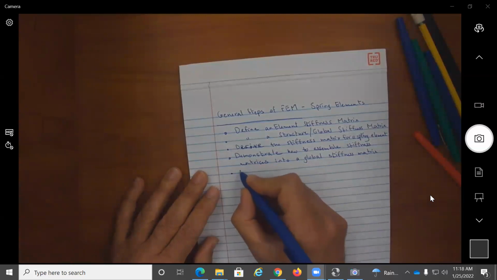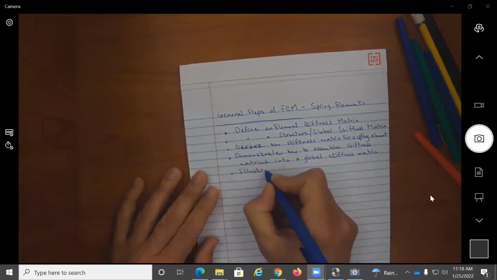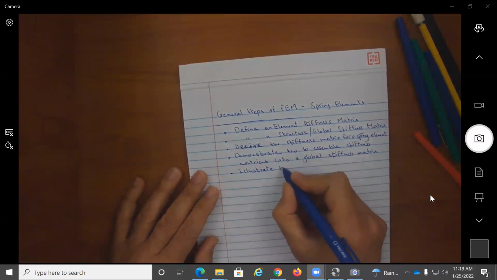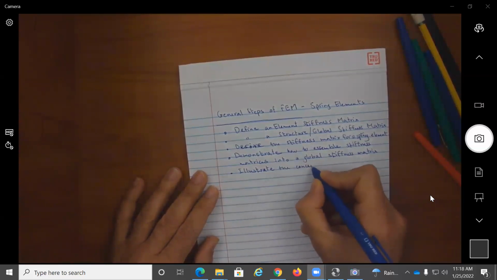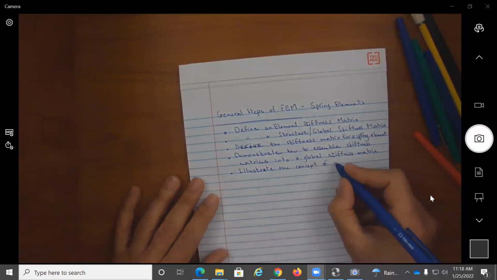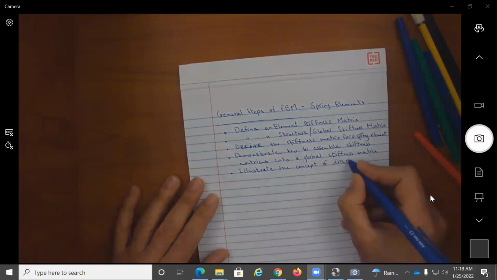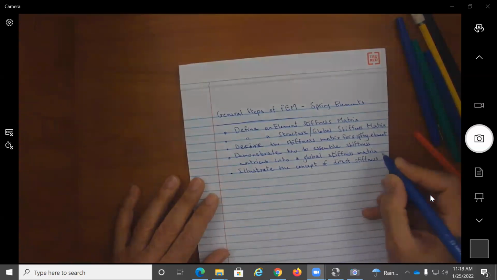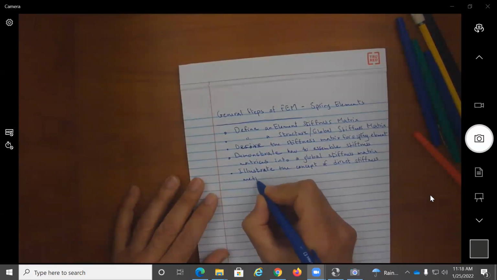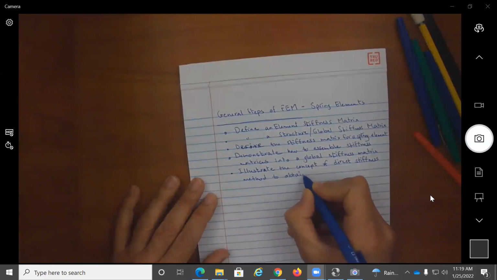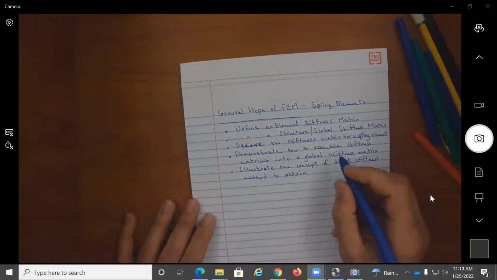I also hope to illustrate the concept of direct stiffness methods to obtain the global stiffness matrix.